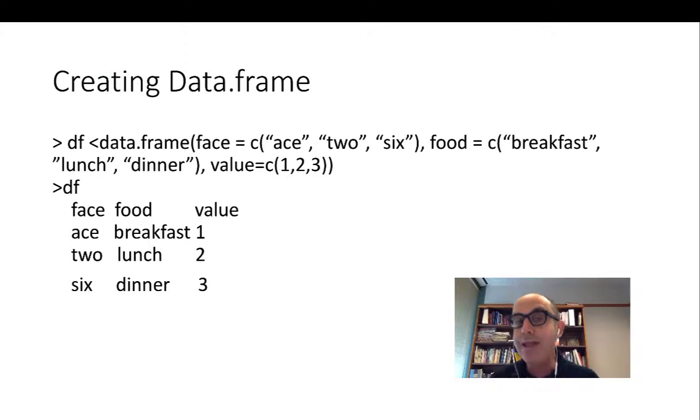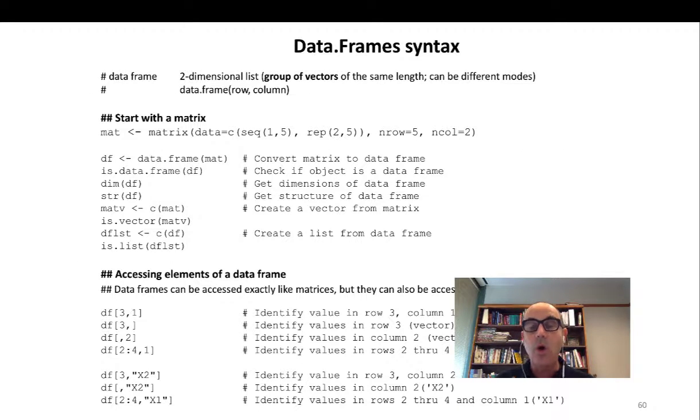So how do you create a data frame? df is the name of the data frame. In this case, I gave df, and I said data.frame, and I said face, and I equal ace26 and food and values, and by doing that the data frame holds those values together and allows us to manipulate them in that context.